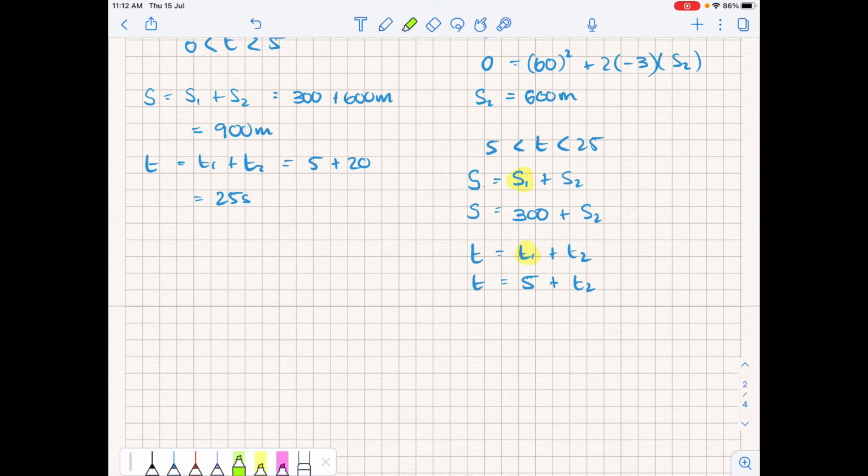What we need to do now is create an equation including these two variables, right? We need to change those into something that relates to the main function, okay? And what we'll do is we're going to change this t2 equal to t minus 5, right?